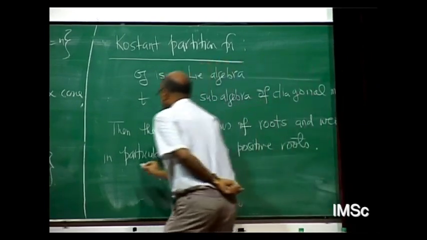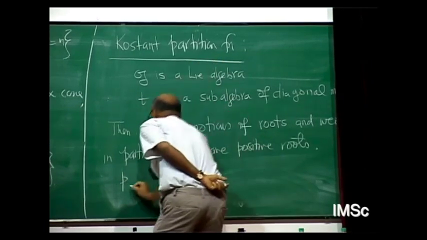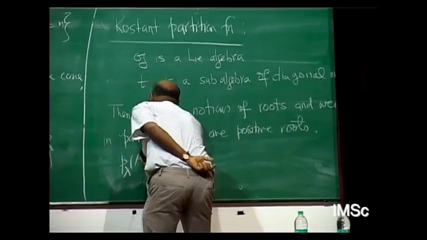And the constant partition function is denoted by two variables, p, lambda, mu.